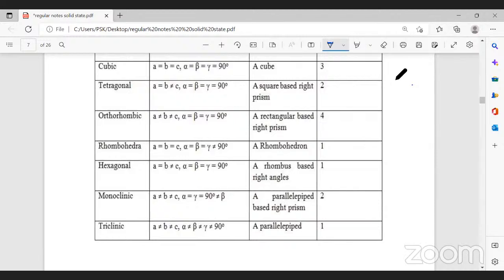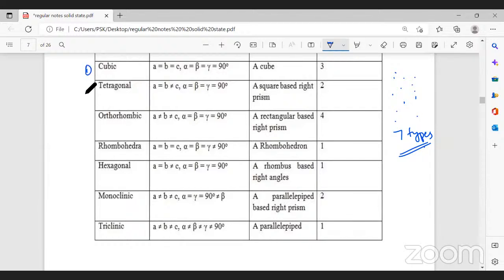Now, when you arrange points in any form you wish, and join those points, you will find 7 types of crystals. So how many types of crystal systems do we have? We have only 7 types of crystal systems, represented here.